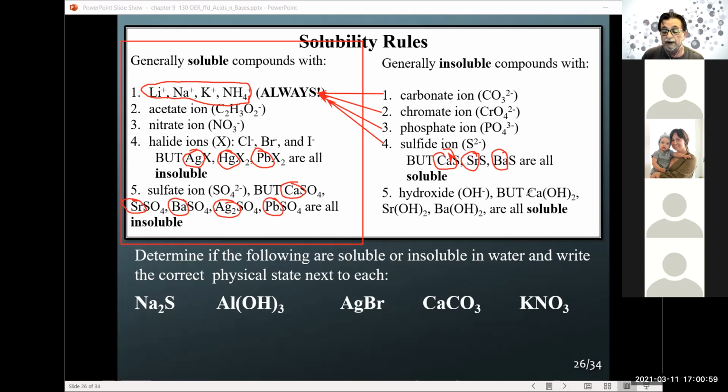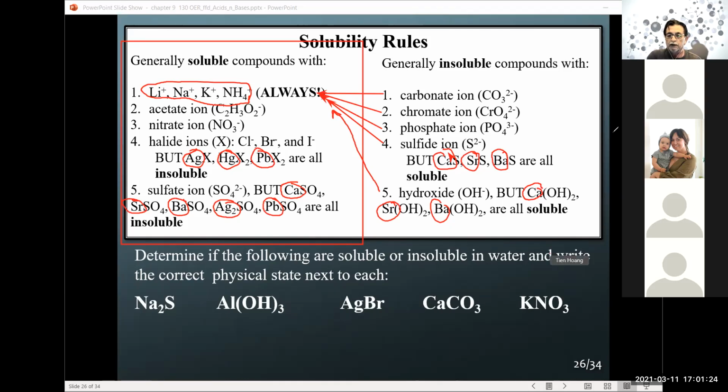And then the hydroxides are insoluble except calcium, strontium, barium, and the big 4, guess what? Okay, so again, you have 7 example soluble hydroxides, and the rest of the compounds in the world are insoluble.